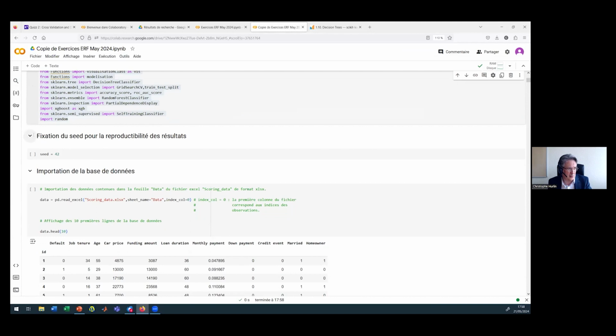Then the second part is the fixation of the seed. For many algorithms, there is a stochastic part. I don't have the time to detail, but some algorithms will have a stochastic component. Let us imagine that, for instance, we do a decision tree with a random split. The algorithm will choose randomly the variable for which it will compute the decrease in impurity. The problem is that if I redo the same exercise, I will not get the same result.